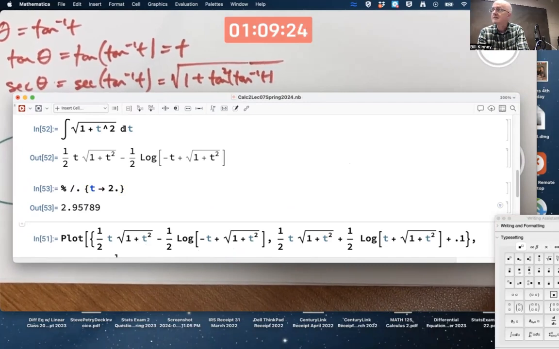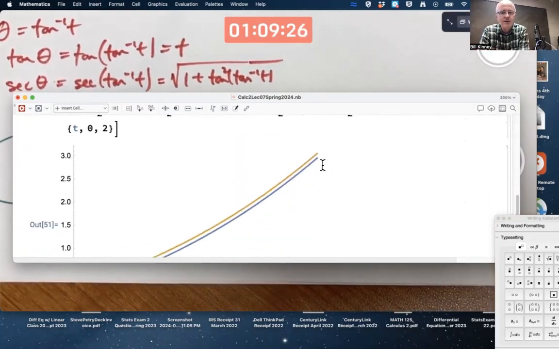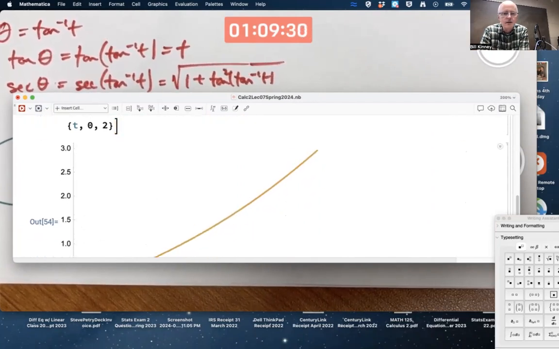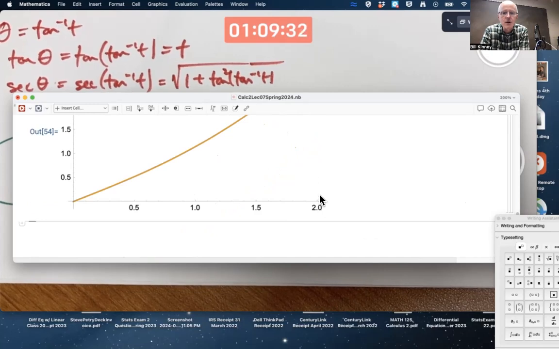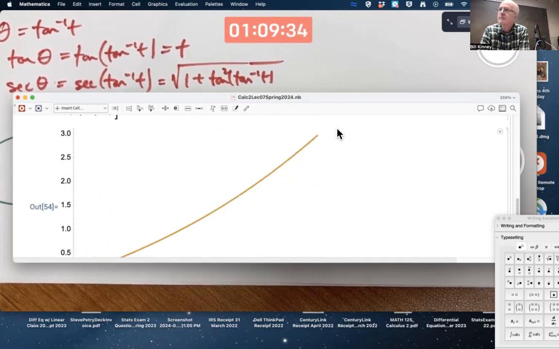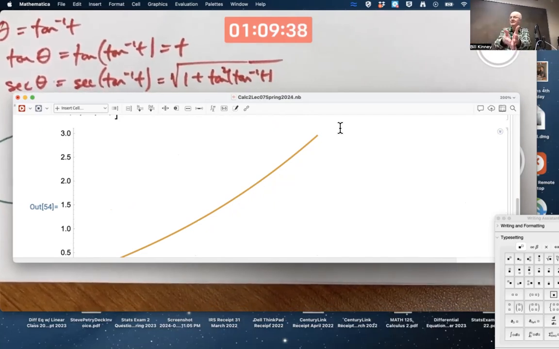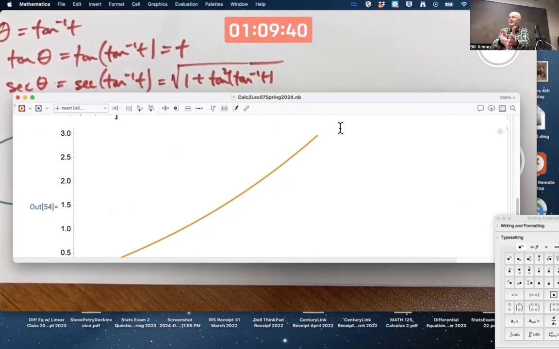You can also see the graph gets close to 3. Yeah, when t is 2, the output is close to 3. This is a graph of how far you've gone as a function of time. Notice it's not a straight line. Its derivative is increasing. This graph's concave up. The speed is increasing. This is the distance traveled as a function of t.